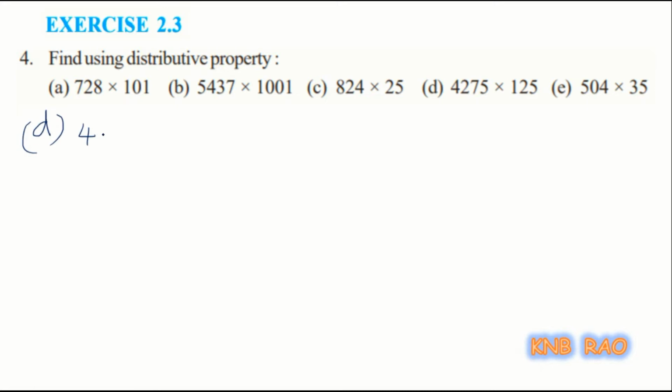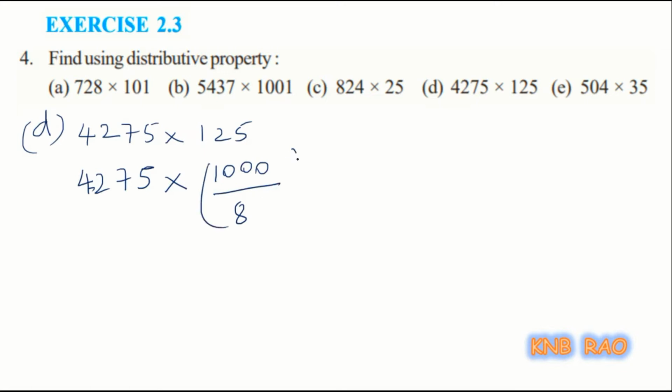When we are multiplying 4,275 by 125, we can do this by using distributive property. For example, here 4,275 into this 125 can be written as 1000 by 8 in one way, what we have learnt.